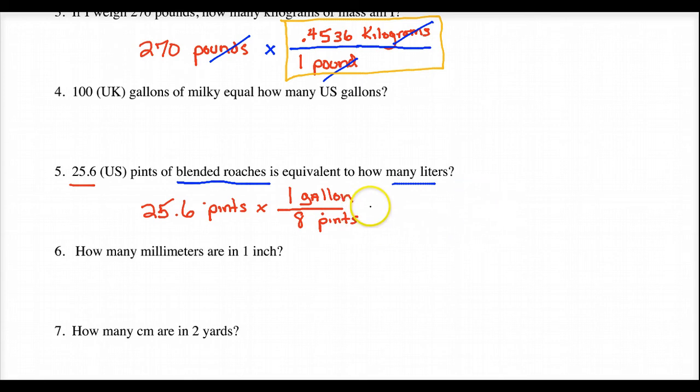All right. Pints cancel. I don't care what this number is right now. You could multiply it by 1 and divide by 8 if you wanted to, but I don't care. I want to go to liters. So I have to do my second step. I want to get rid of gallon. And I want liters.